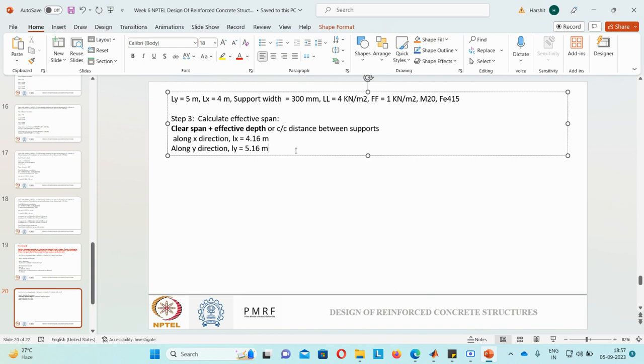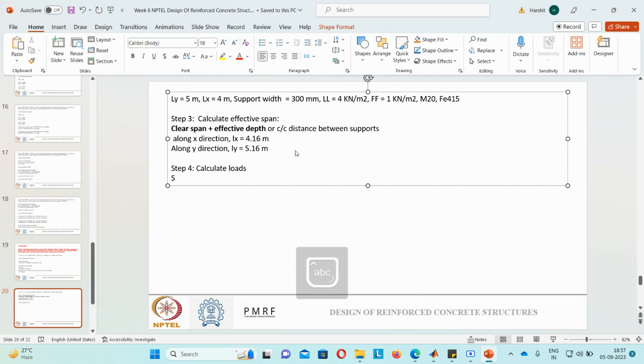Now, once you get the effective span, you know the depth of the support and you know the width. The fourth step will be to calculate loads. My self weight or dead load will be nothing but 25 into 1 into the depth, which is 0.18, so it will come out to be 4.5 kilonewton per meter.